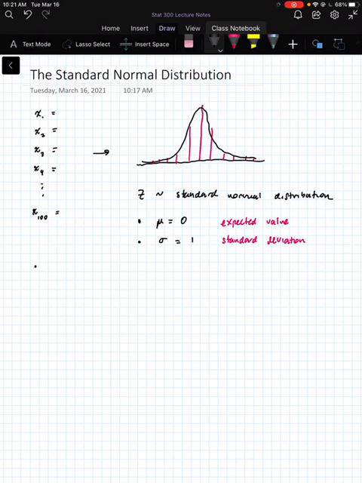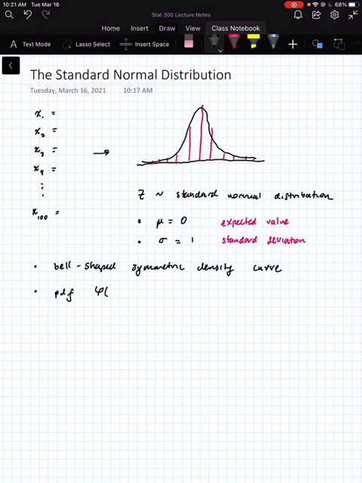And third, z has a bell-shaped, symmetric density curve, and we call that the PDF.